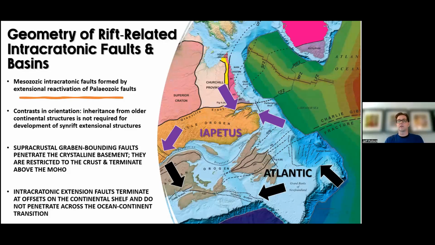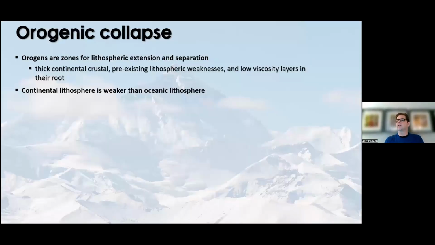So what is it about the Dover Fault and the Grenville Front that makes them unique, where we see their extension transverse into the modern ocean margin? What's common to both of them is that they are both related to episodes of orogenic collapse. Both the Grenville and the Appalachian orogens, or any mountain belt, are zones of weakness.